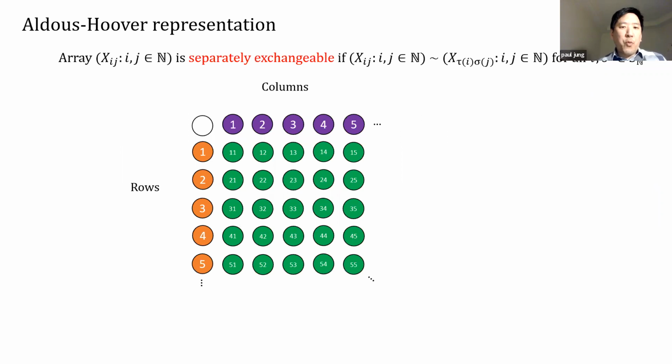Now with this sort of representation, we can present the Aldous-Hoover theorem. Aldous considered arrays of random variables. So we have a two-dimensional infinite array indexed by n squared.